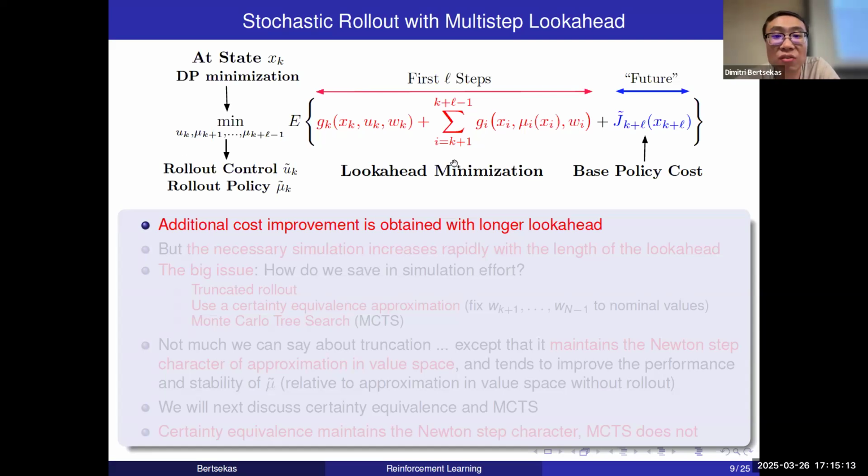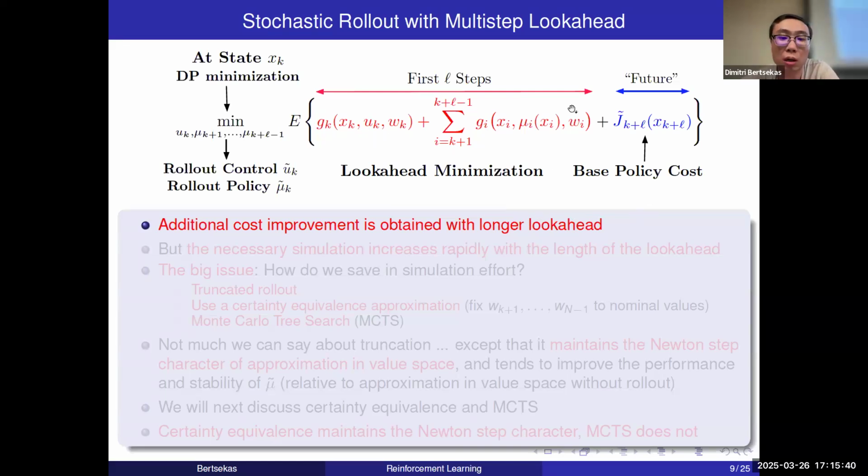If we are dealing with a finite horizon problem, then typically this L is much smaller than the real horizon of the problem, this capital N, right? But still, this can be a challenging problem. And we take for granted that additional cost improvement is obtained with longer lookahead.